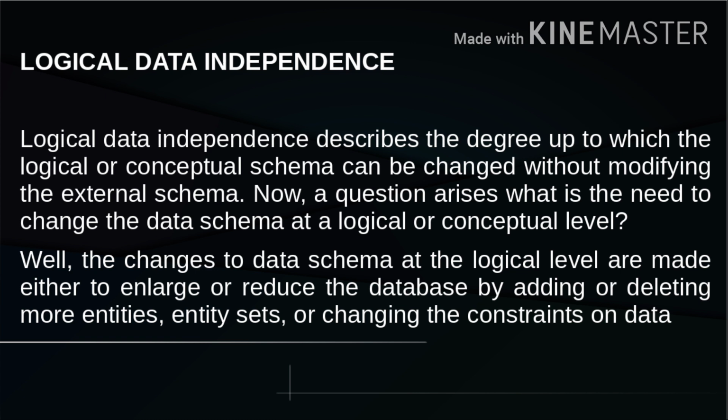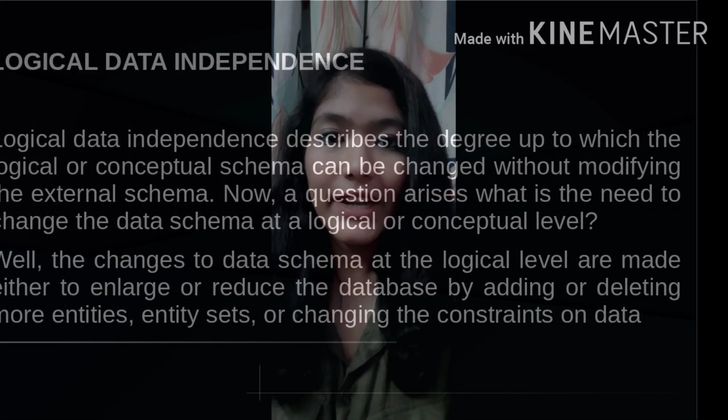So why do we need to change or modify the schema at this level? The changes at this level are made to enlarge or reduce the database by adding or deleting some of the entities, entity sets, or adding constraints on the data. Now, what is physical data independence?